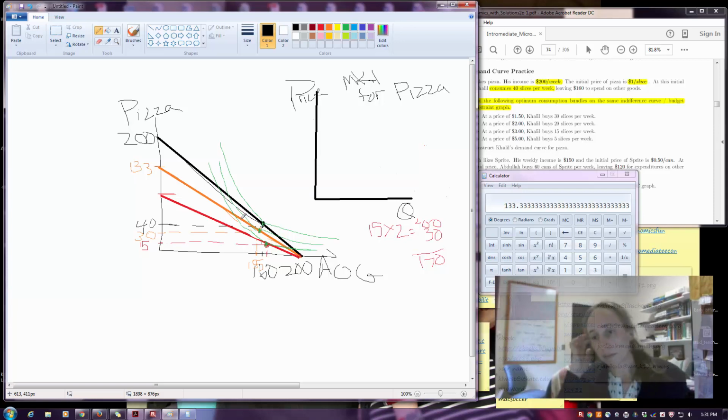And we essentially have 3 different points on this person's demand curve. So when the price of pizza was $1, that was our black indifference curve. When the price of pizza is $1 we know that he chooses 40.